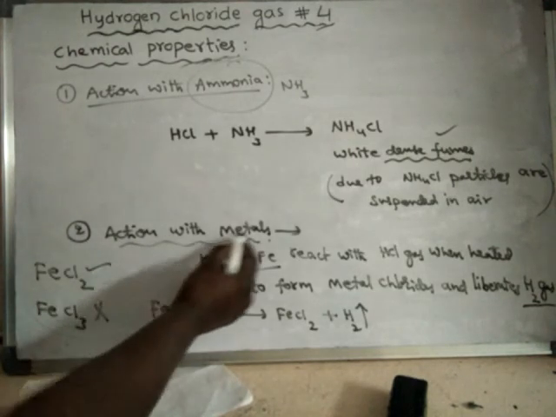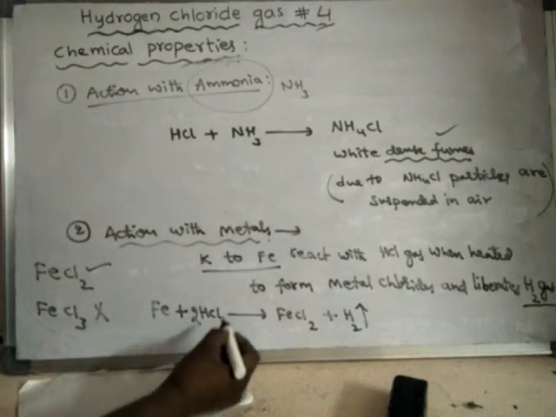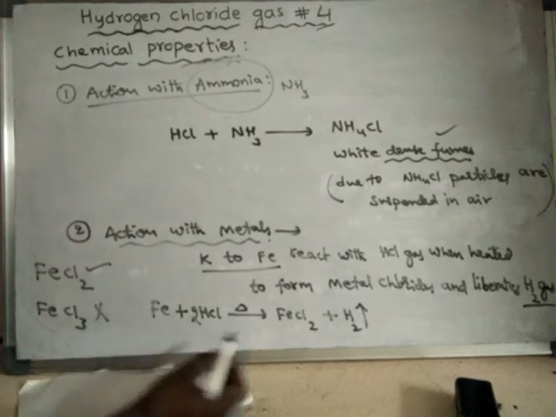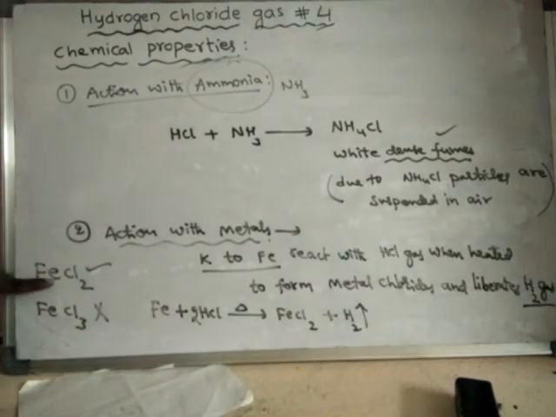Remember that in action with metals, during this reaction only the lower chloride is formed, not the higher chloride. That means lower valency, not higher valency. Iron is in the form of Fe plus 2 here, not Fe plus 3.